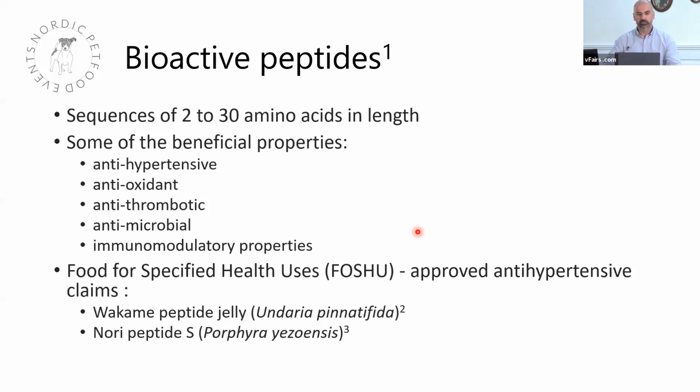Foods for specified health uses: this Japanese organization has approved 2 products which have anti-hypertensive claims. This is Wakame peptide jelly or Nori peptide S.